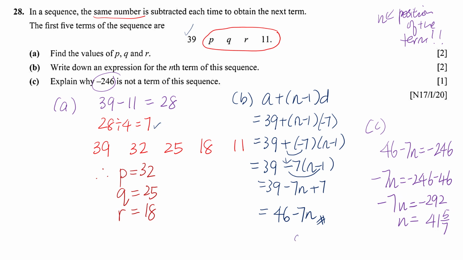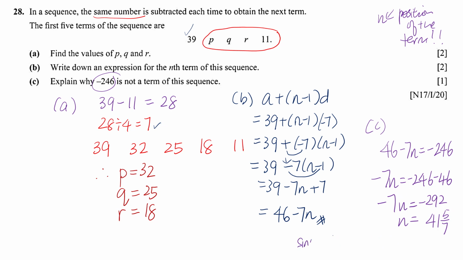So we say that since n has to be an integer greater or equal to 1. Oh, wait, hang on. This is not how we explain.